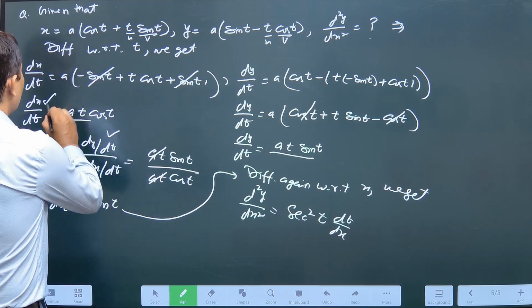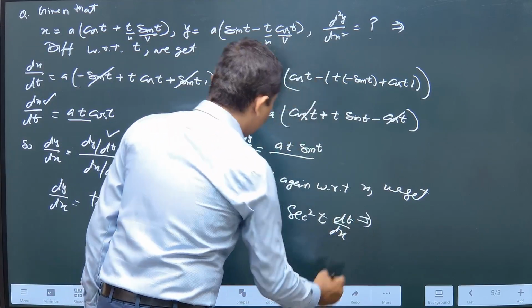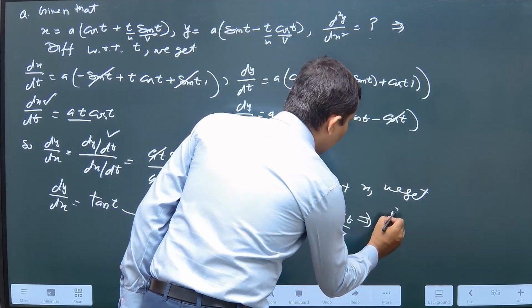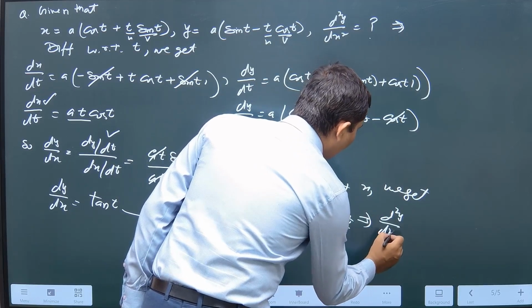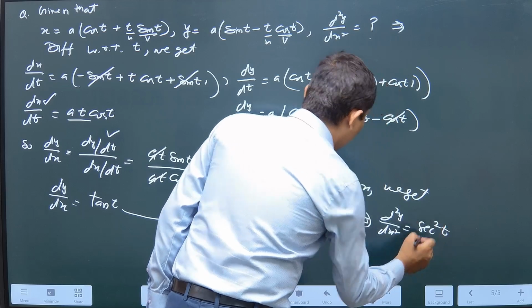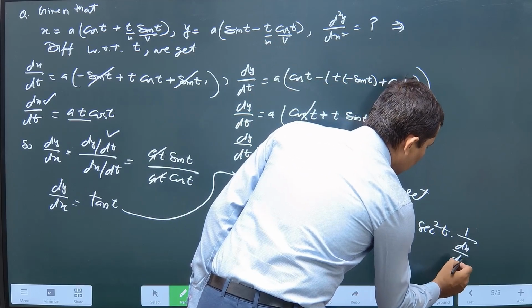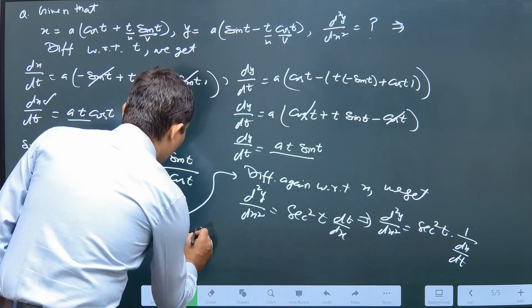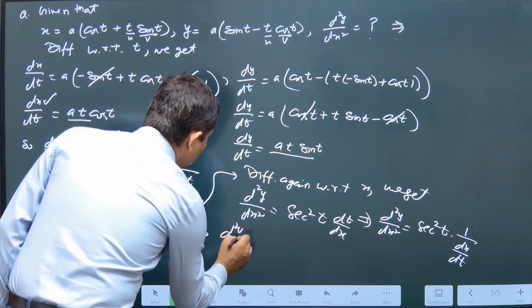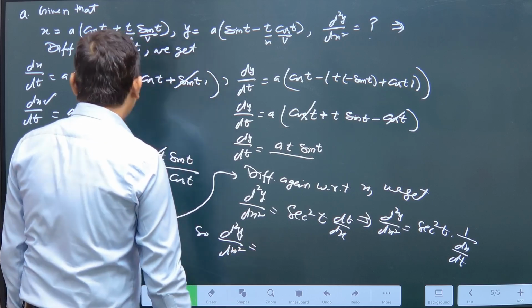But this result is equal to 1 upon dx upon dt. Modify this one time. d square y upon dx square is equal to secant square t into 1 upon dx upon dt. So finally d square y upon dx square, what is the value of dx upon dt?